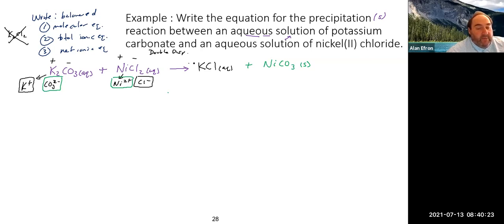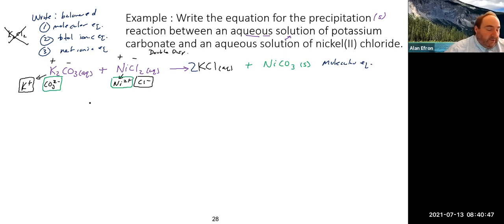That means we would need a 2 there, and I think that might be all we need. So 2 potassiums, 2 chlorides, 1 nickel, 1 carbonate. So up here would be the correctly balanced molecular equation. Any questions on how we got to that?